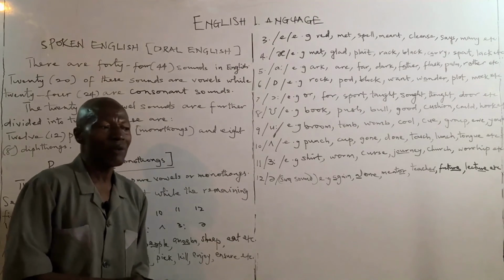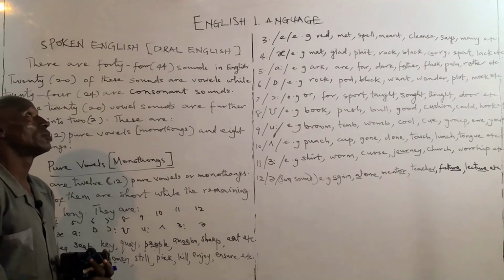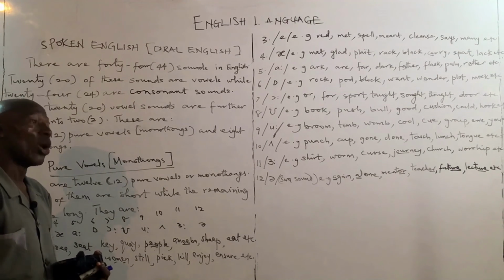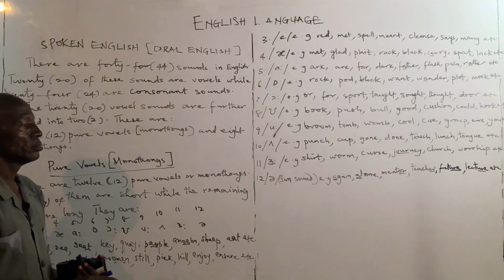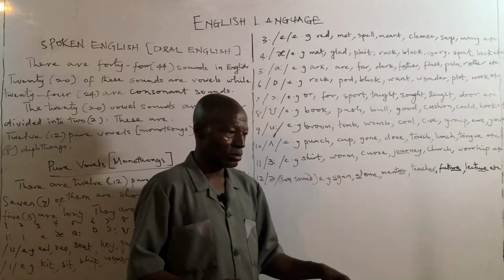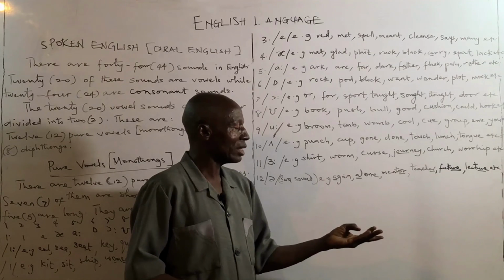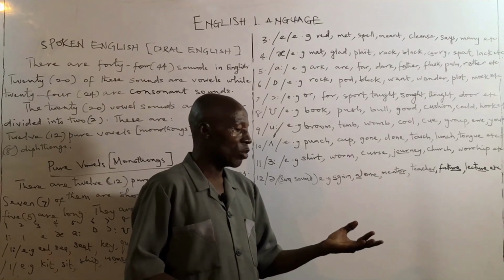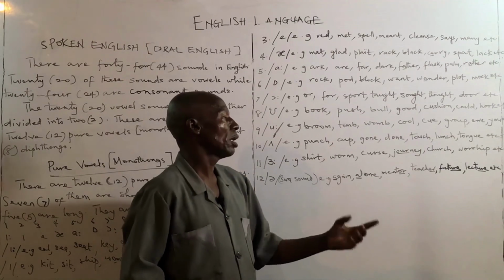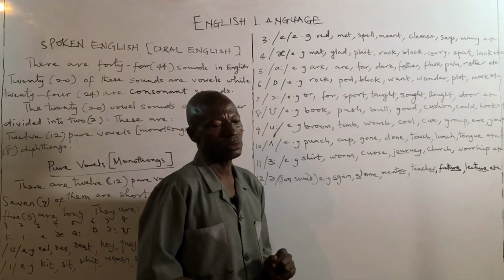Then mental. When you have a word that ends with ER, when you have a word that ends with OR, then when you have a word that ends with A or even AR, I want to repeat. When you have a word that ends with OR, when you have a word that ends with ER, when you have a word that ends with URE, when you have a word that ends with letter A, and when you have a word that ends with AR, they belong to this.